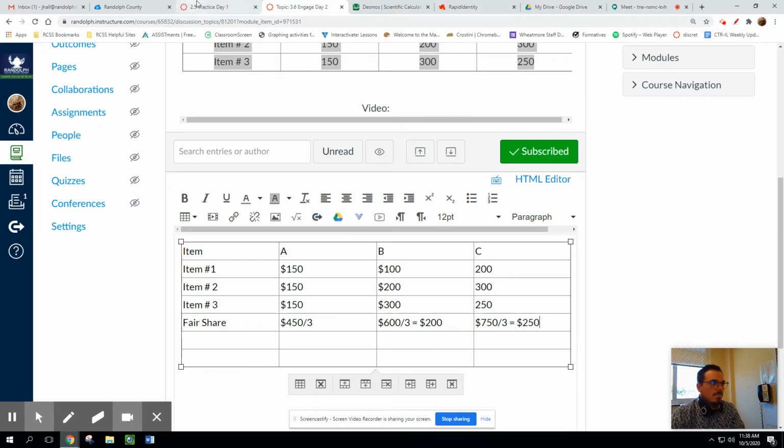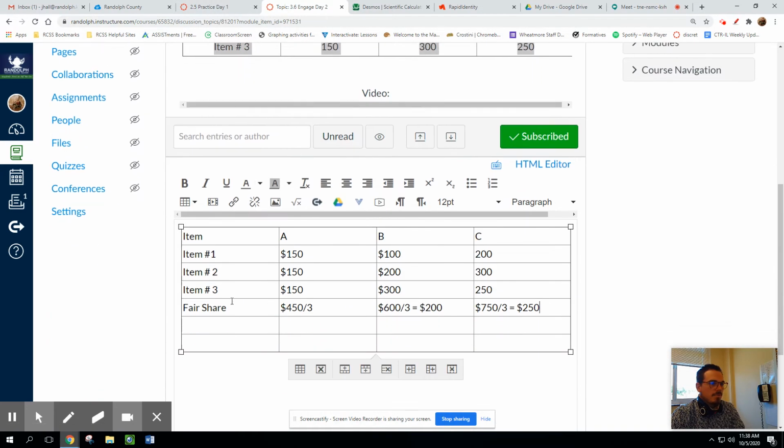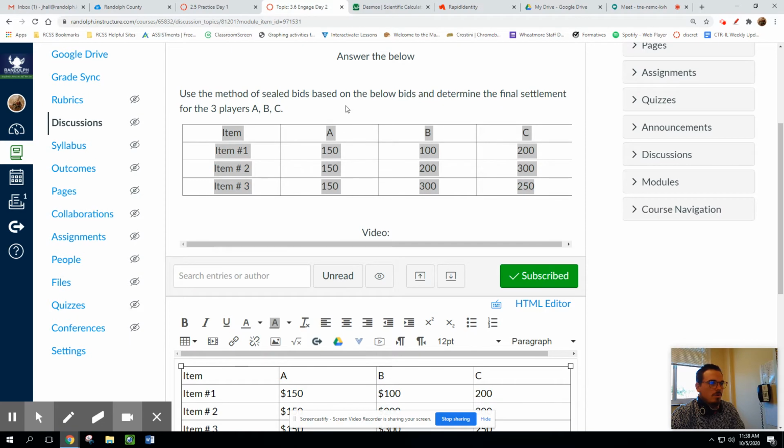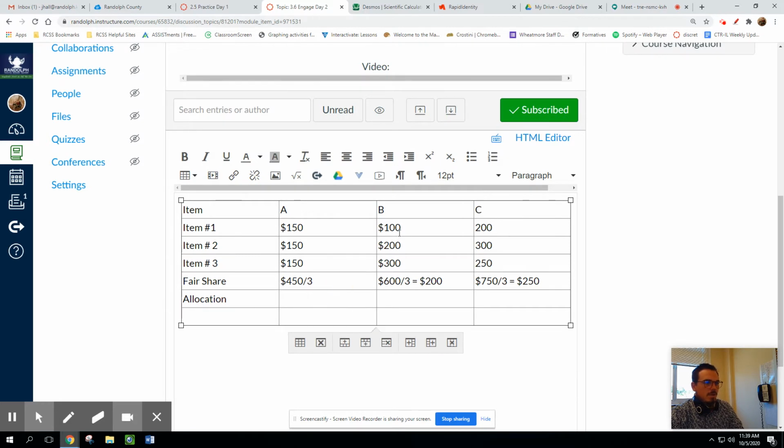Now, going back to what we learned from the other day, we are going to do the first allocation. So when we allocate, we know that the highest bid, look for item 1, the highest bid there is C. So C is going to get that one. Let me highlight this.